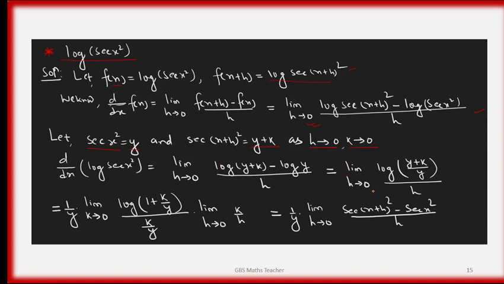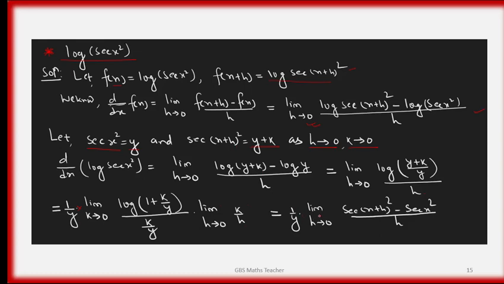Using log a minus log b is log a by b, this is log of (y+k) by y over h. Then y divided by y is 1, k by y, so log (1 plus k by y), and we multiply by 1 by y and k by h, same as the previous question.